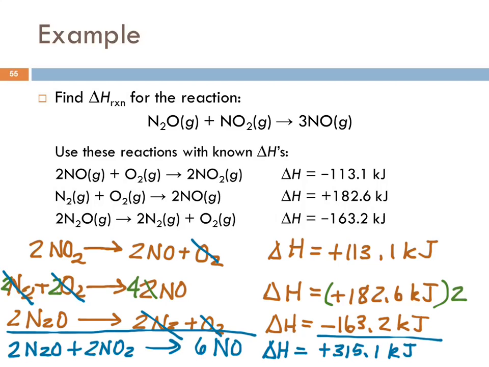Delta H is for the reaction as written. I can't take this delta H and write it for this reaction. What do I have to do? I have to divide by 2. I'll divide by 2, and delta H equals 157.6 kilojoules.